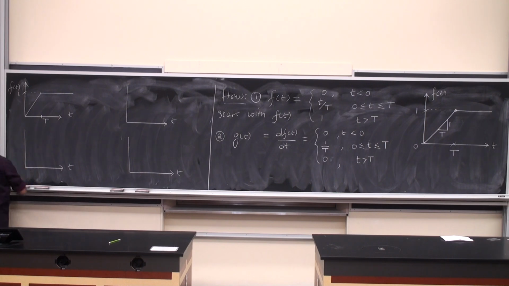Then the second figure is g of t, which is df by dt. Okay, if I draw this, it is a rectangular pulse. This is 1 by t, and this area is equal to 1.